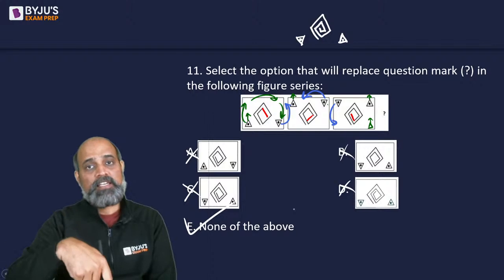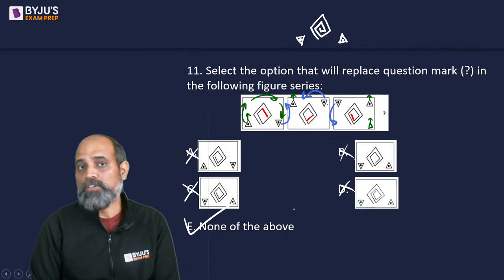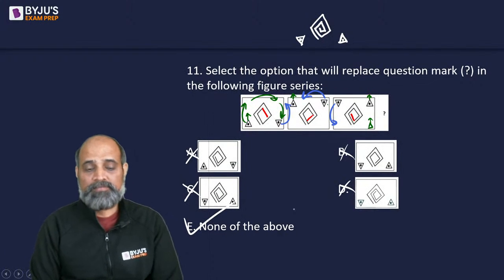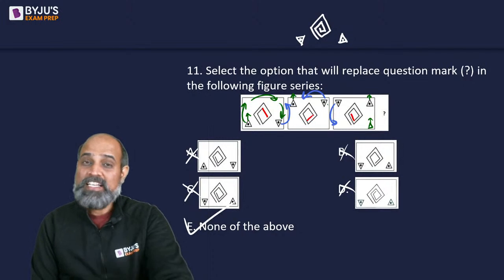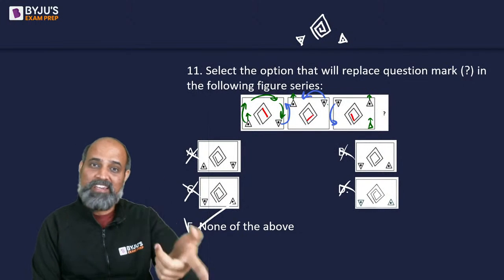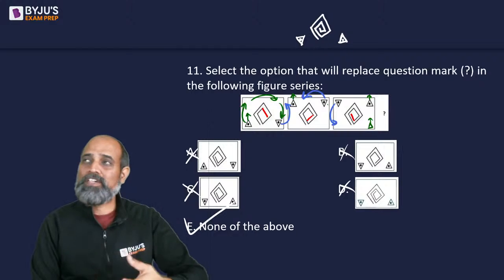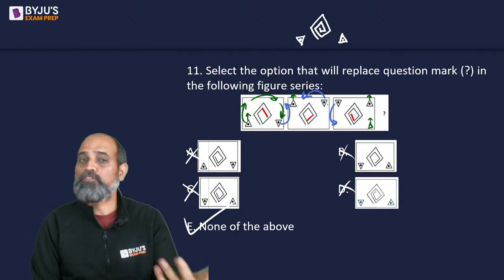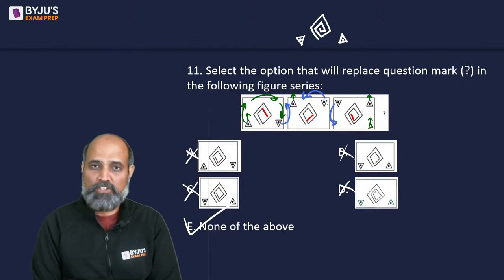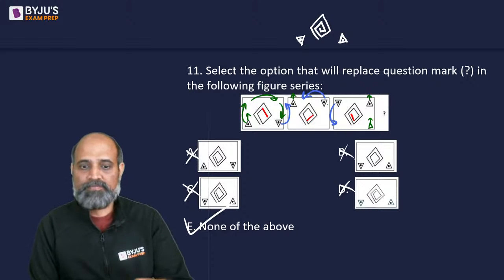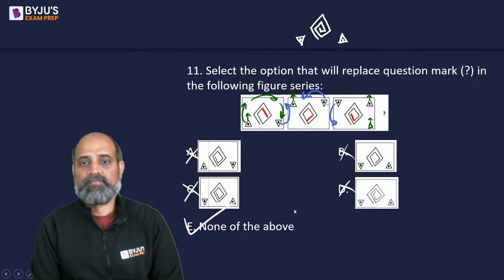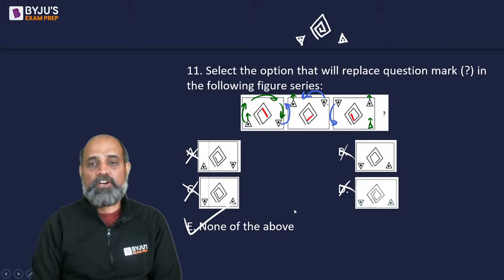So the downward facing triangle should be at this southwest corner. Agreed? So just because you see it, you don't always accept that none of the above or cannot be determined is always the answer. No, they are not going together.